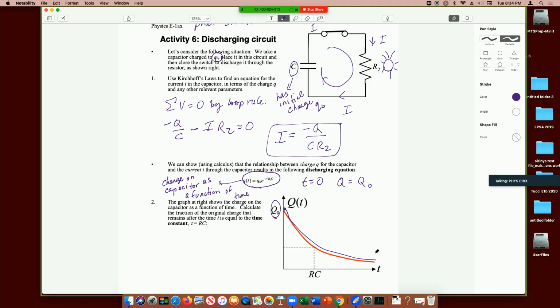There's a thing called a time constant. Okay, so this is denoted tau, and it's just called the time constant.